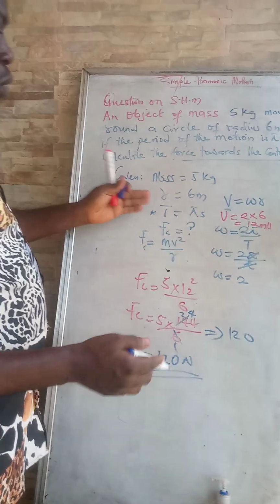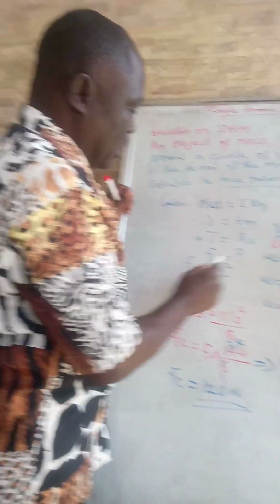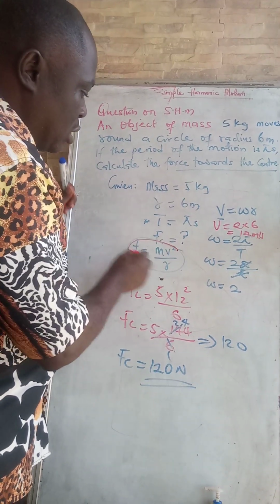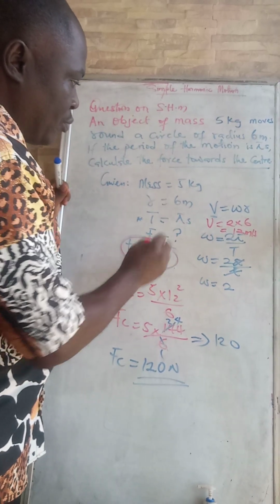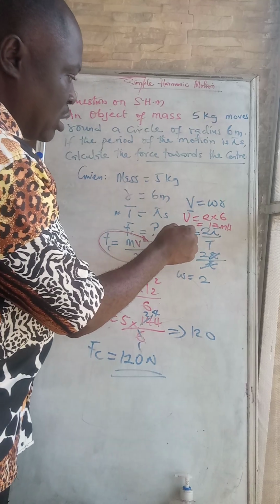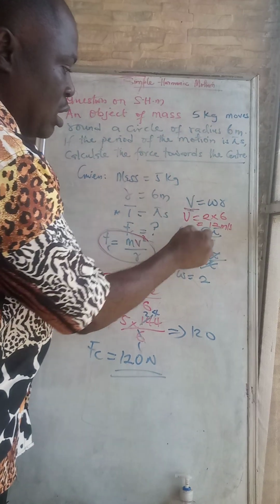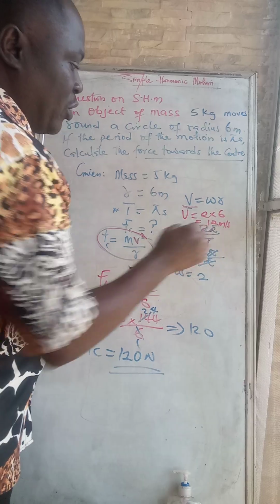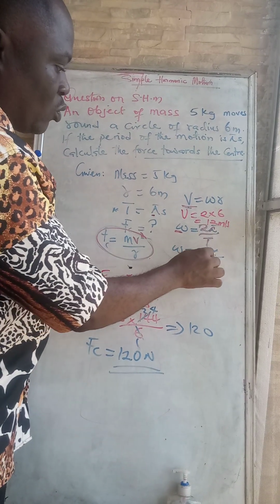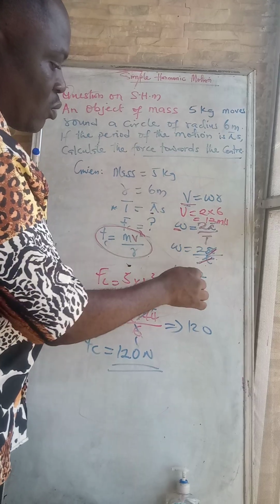So when we started, we said mass is this, and we have this formula. Please take note of that formula, mv squared over r. And for angular velocity, because we know that is the only thing we need in order to get this, it is 2 pi over period. T is period, and period is given to us as pi. So when we substitute 2 pi over period, this will cancel this, and we'll have 2.